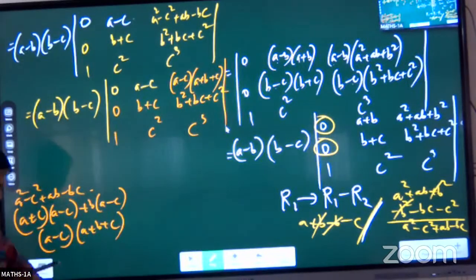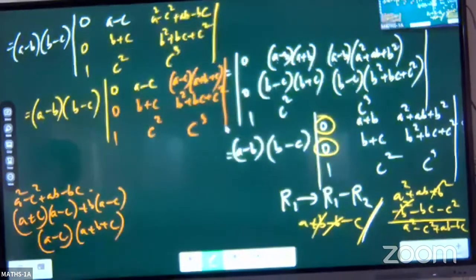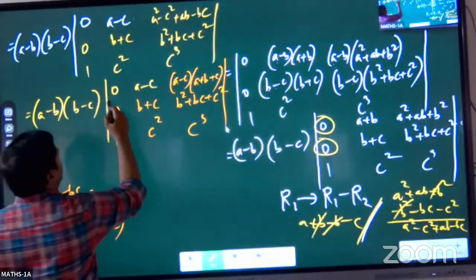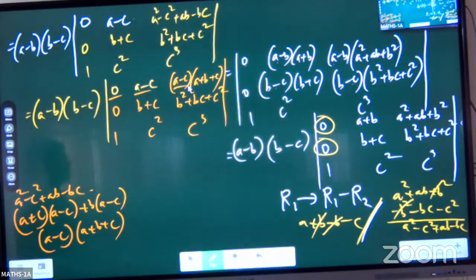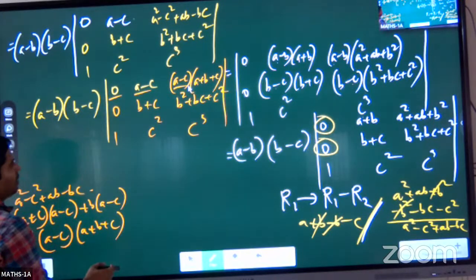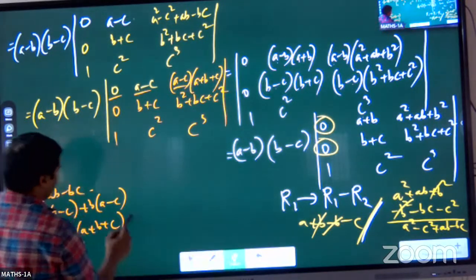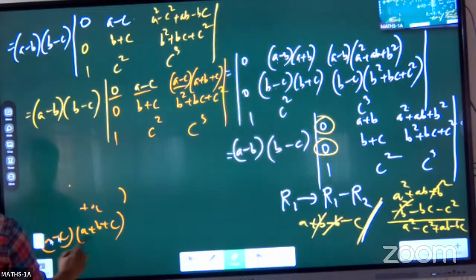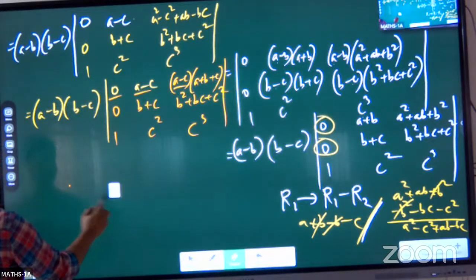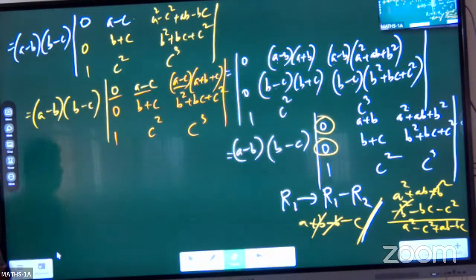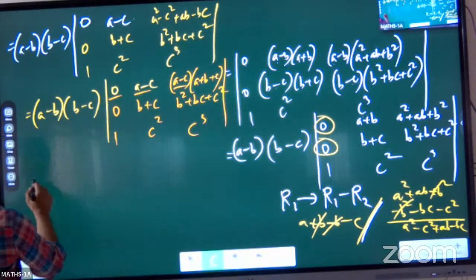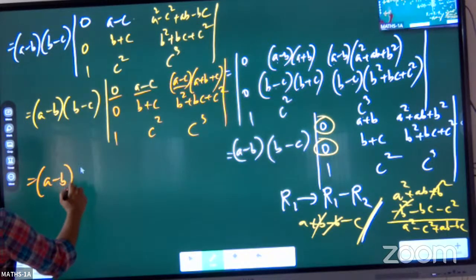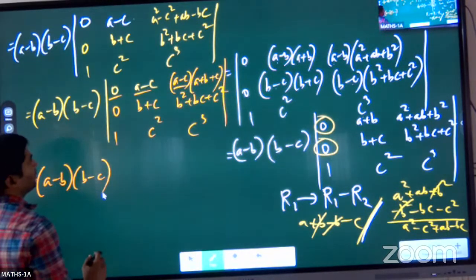Is it clear? Okay. Now you are going to take from first a minus c common. When I take a minus c common, what I'm going to get? Okay, I hope you got this simplification, right? Don't do simplification. Yeah, that is nothing but a minus b, b minus c.